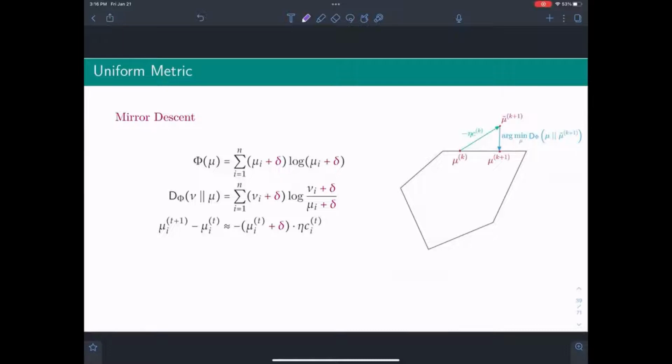We shift all the values by some delta, where delta is 1 over n in here. And our update rules would change and the analysis would become a bit more complicated. But at the end of the day, we can show that this algorithm is log-n competitive.